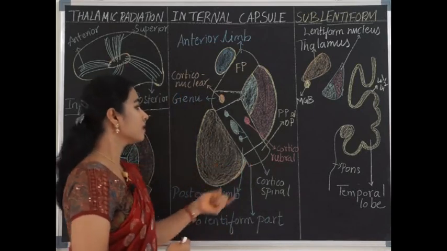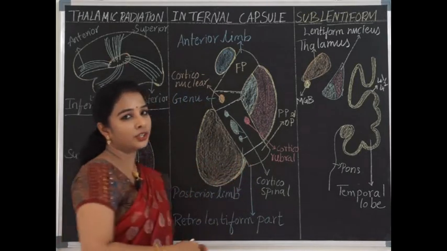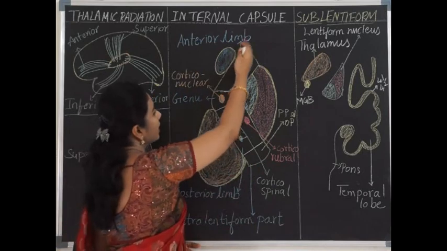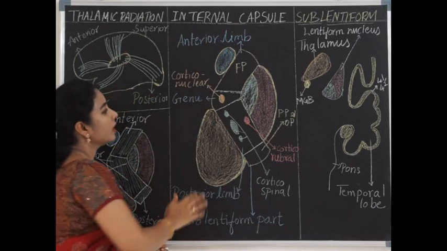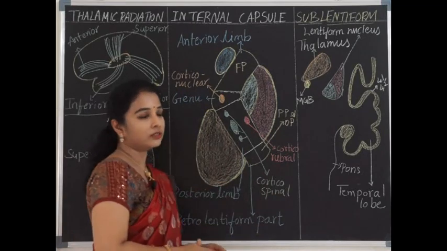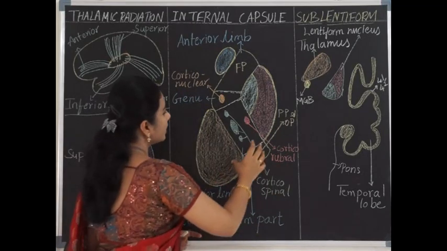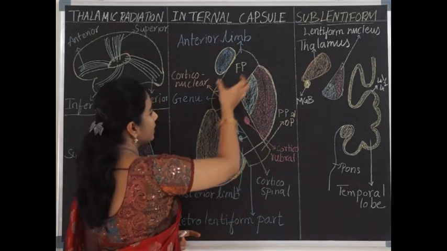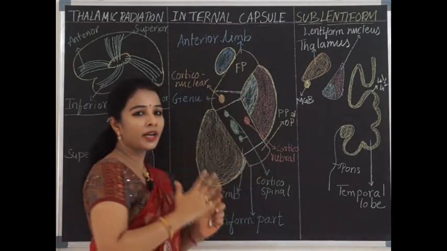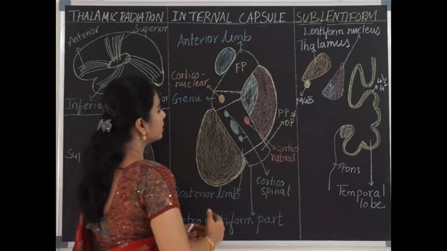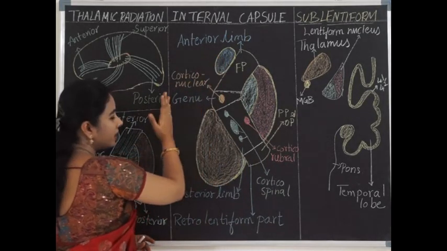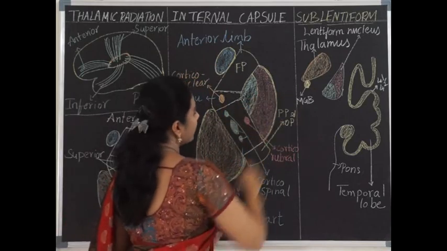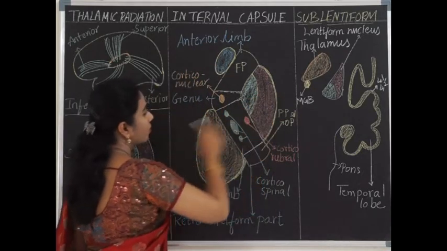Internal capsule are the projection fibers of the neocortex which continue further as the corona radiata. In horizontal section, the internal capsule is like a thick white matter, like a gateway, or compact fibers of white matter which travel between the thalamus and caudate nucleus on the medial side, and the lateral side is the lentiform nucleus.